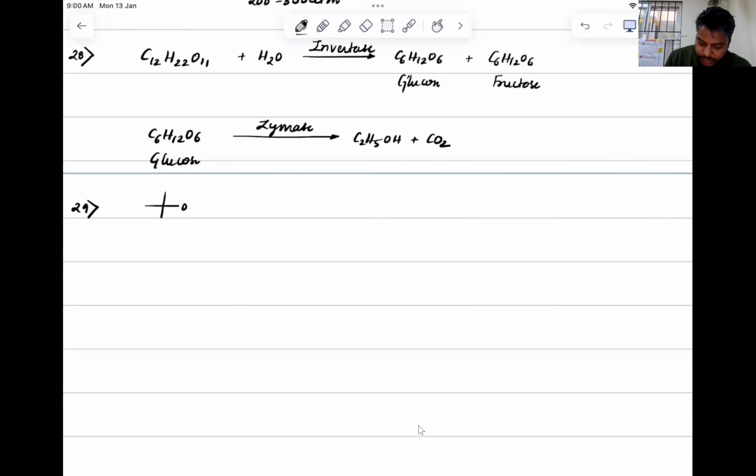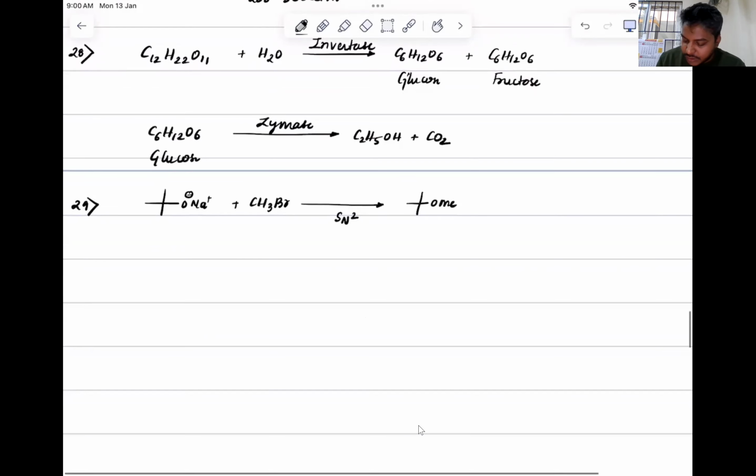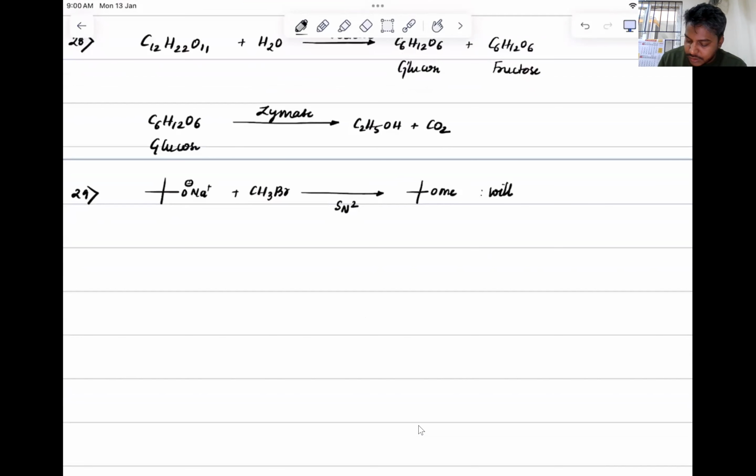Tert butoxide Na plus, if you react with CH3Br, then you will get this as OMe via SN2 mechanism. This is Williamson's ether synthesis.